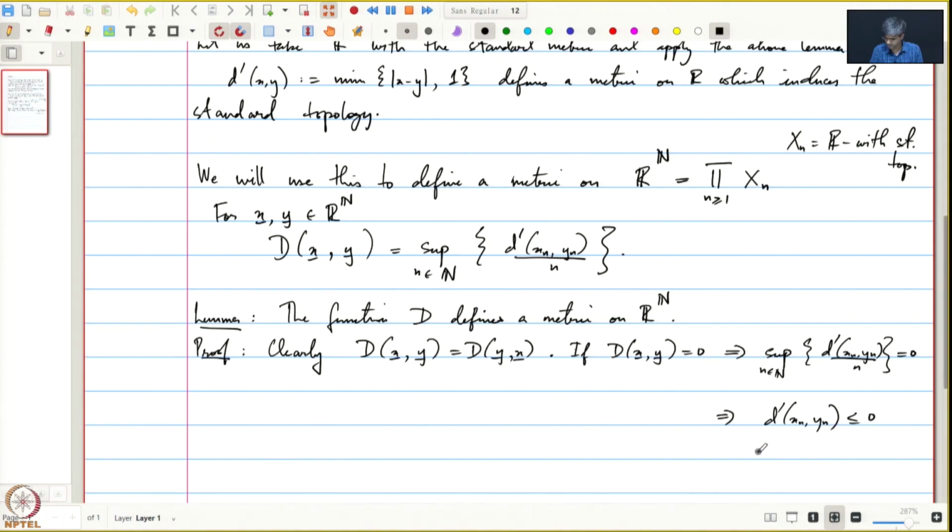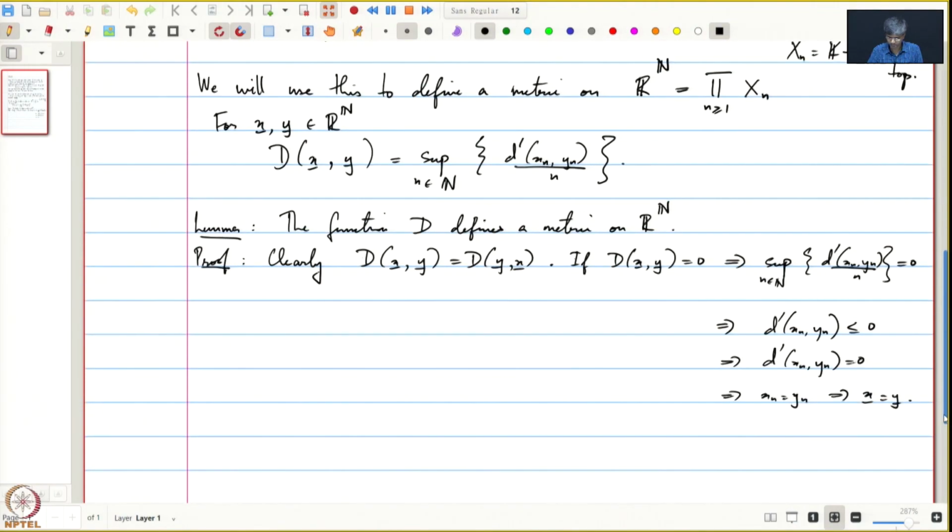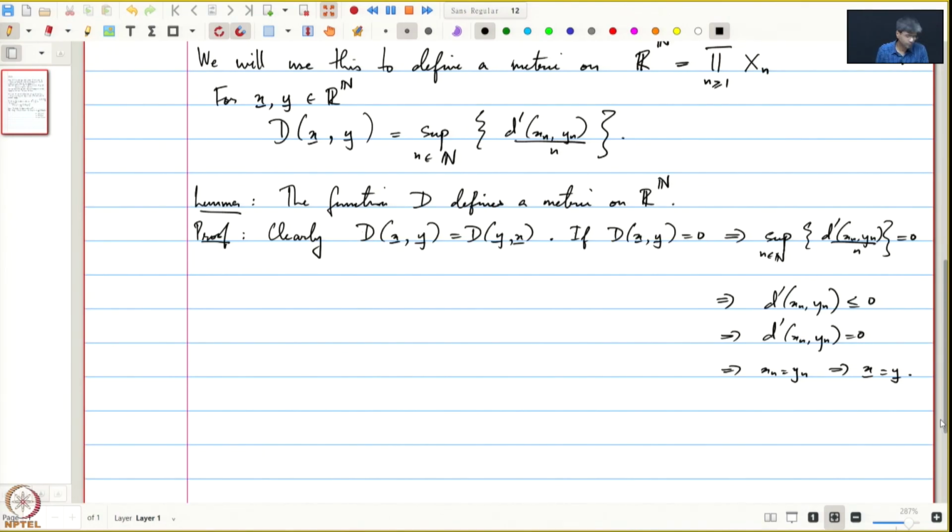That implies that d prime of x_n comma y_n is equal to 0, which implies that x_n is equal to y_n. So this condition also holds, and we are only left to prove the triangle inequality.